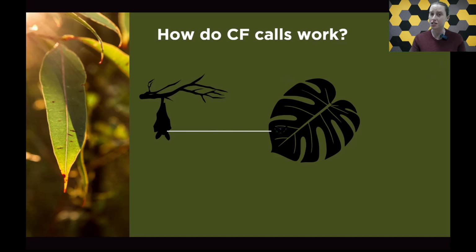So how do constant frequency calls work? They're a little bit different. That constant frequency sound goes out, and it's designed to detect movement against clutter. So those moth's wings are fluttering, and that results in a changed echolocation signal coming back to the bat.